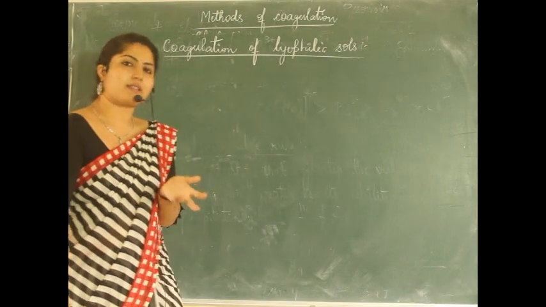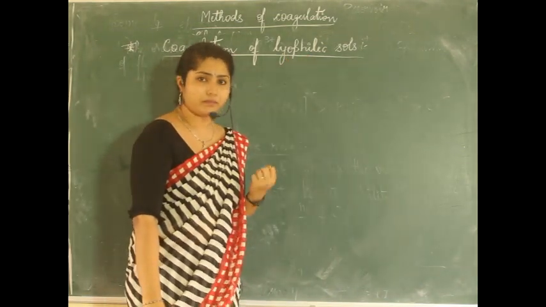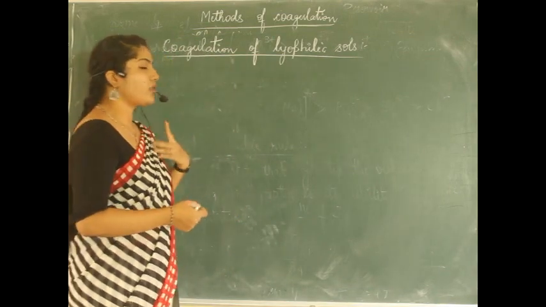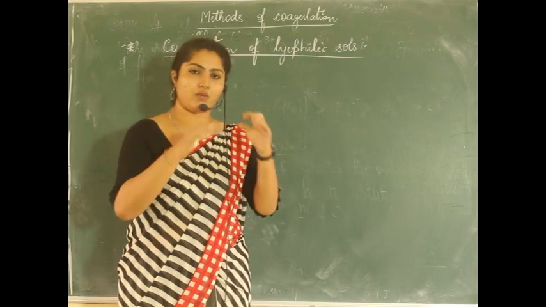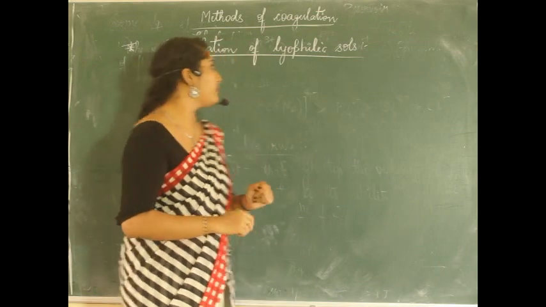Coagulation, you know what it is. It's nothing but precipitation. Lyophilic, water loving. Yes. So let us see. Coagulation means you are reducing its stability. You are trying to decrease the stability of that particular sol.